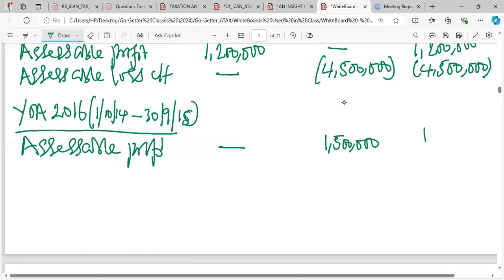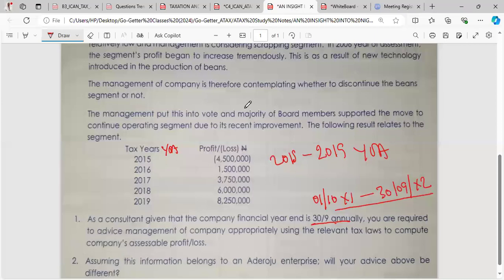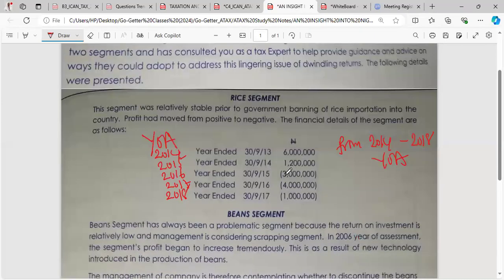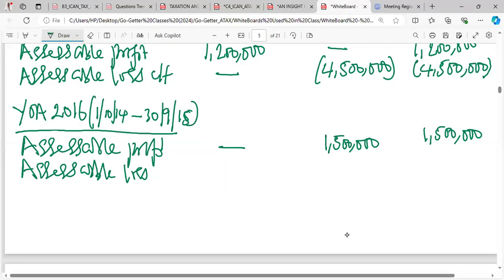Then we have accessible loss. Now, rice made a loss of 3 million.